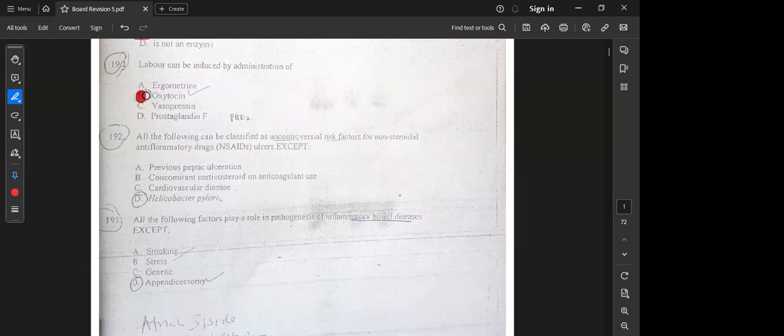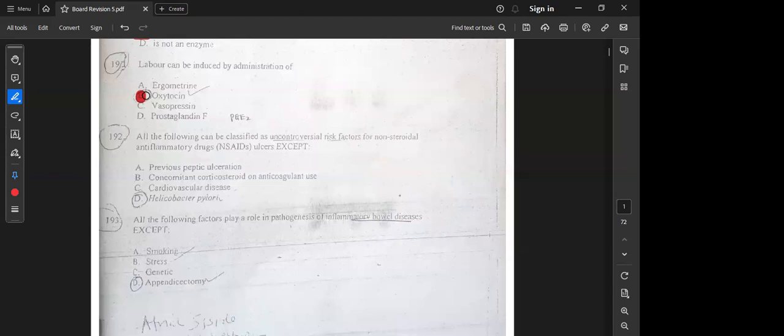But I'm sure about preventing postpartum hemorrhage. The other one, I'm not sure. Yeah, postpartum hemorrhage. Divya is saying delivery of the placenta. I don't know about that. I know it's majorly for postpartum hemorrhage.